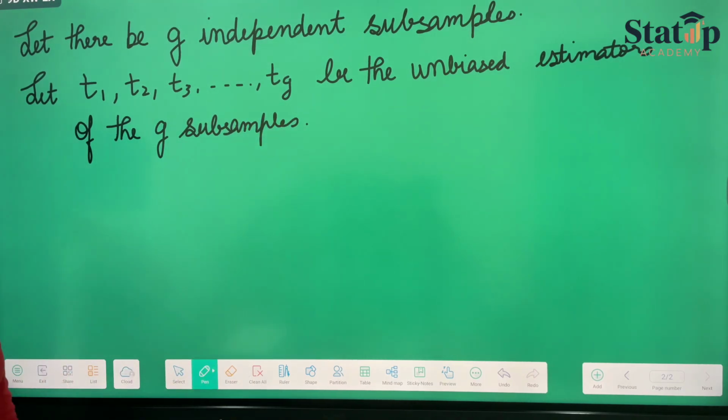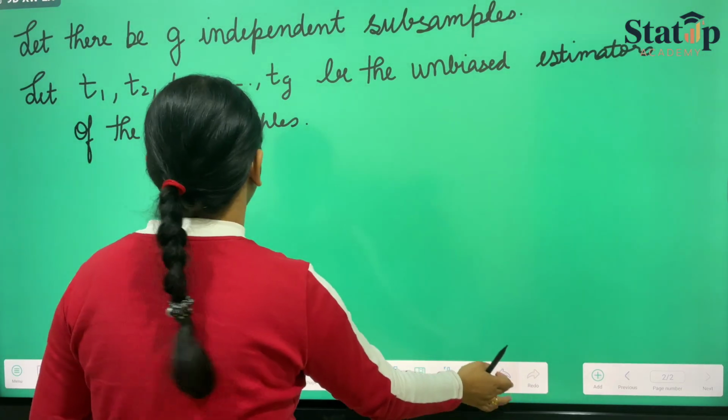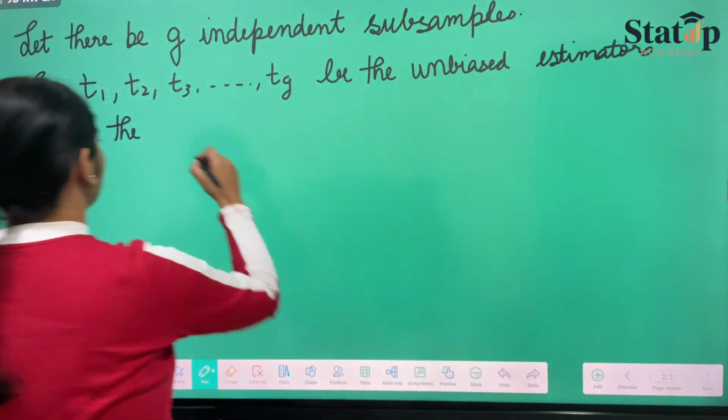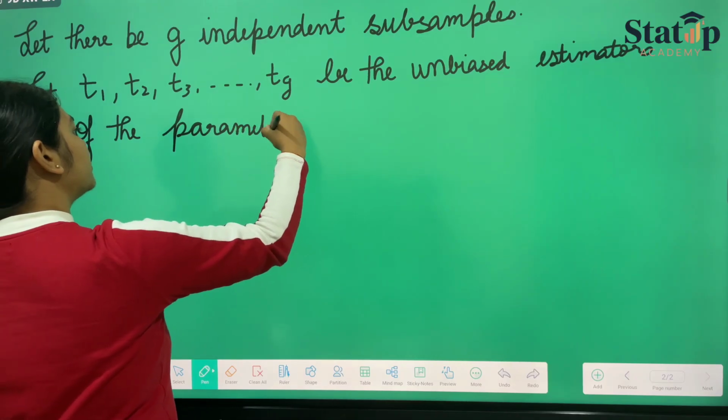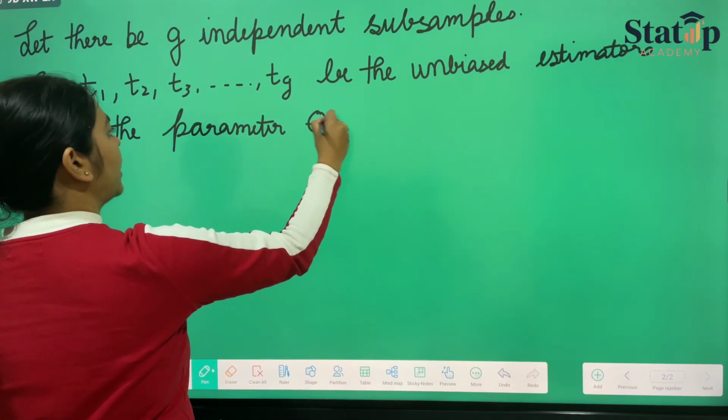These be the unbiased estimators of the parameter, sorry, parameter theta. So we are considering the parameter of the population. So these are the unbiased estimators.